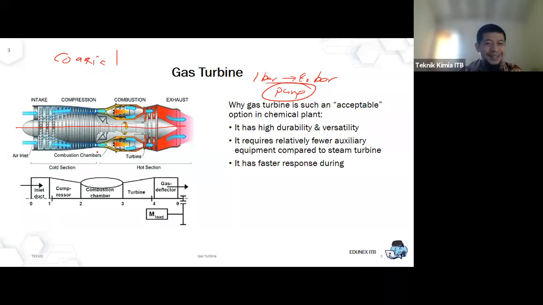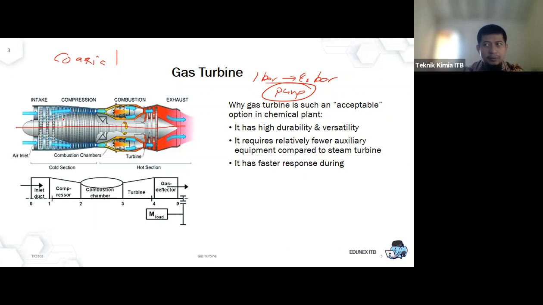That's it. So why is it acceptable in a chemical plant? It has high durability and versatility. So why does it have high durability? Usually, gas turbine was designed for aviation purposes. So most likely the material involved in gas turbine is the strong ones.